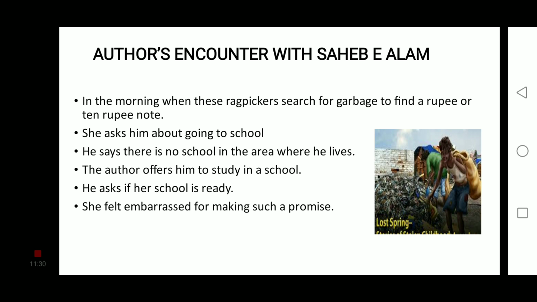She asks Sahibe Alam, if I make a school, will you come? He says, of course I'll come. And after two or three days he comes and asks the author, is your school ready? At this time the author, Anees Jung, felt very embarrassed. She was embarrassed for making such a promise because she knew very well that promises like that can hardly be fulfilled.